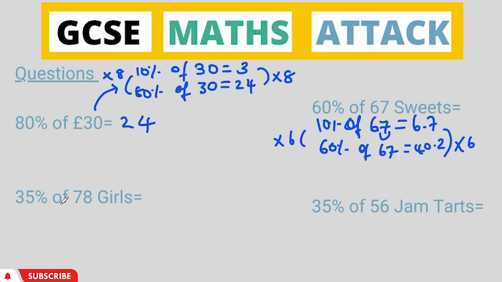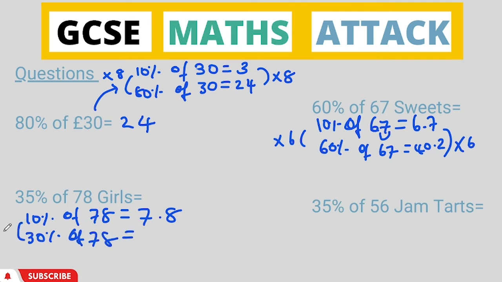Okay, 35% of 78. The first thing you want to do is 10% of 78. So that will be 7.8. Then you need to get to 30% of 78. So you need to times that by 3. So 7.8 times 3, which is 23.4. So that will need 30% because we need 35.